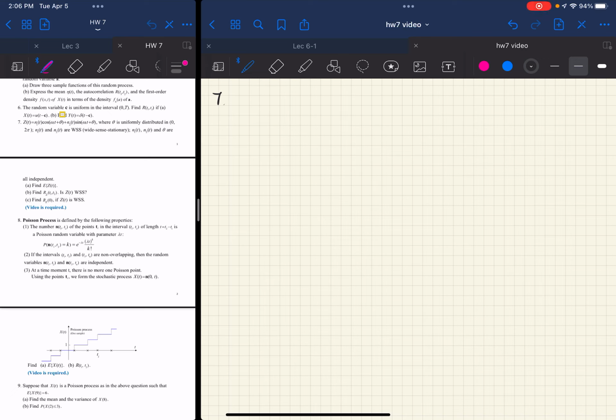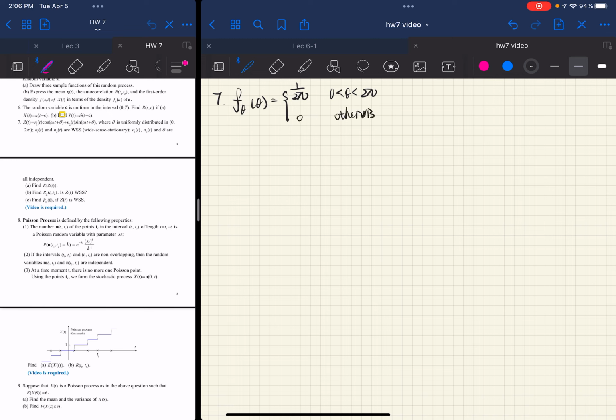For this problem, we are given that theta is uniformly distributed between 0 and 2 pi. So we have the density function of theta equal to 1 divided by 2 pi when theta is from 0 to 2 pi, and it is 0 otherwise.